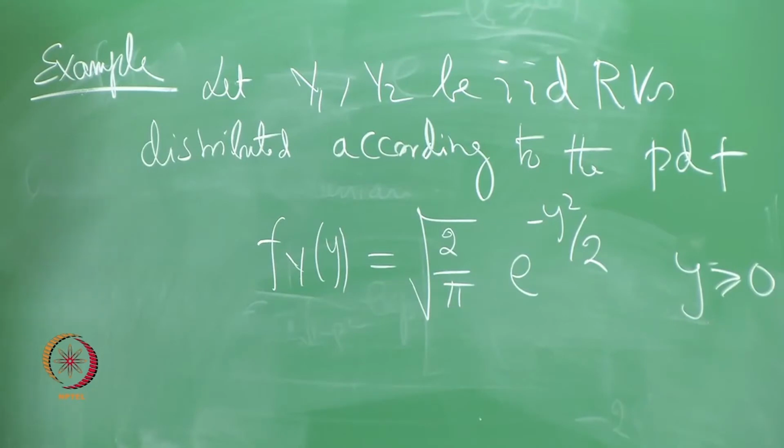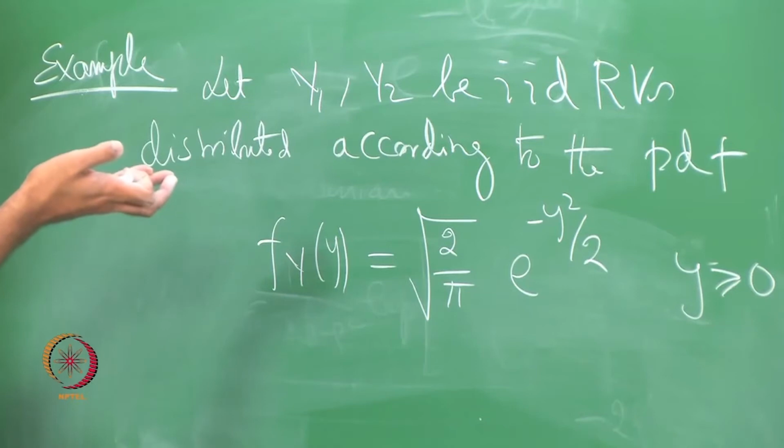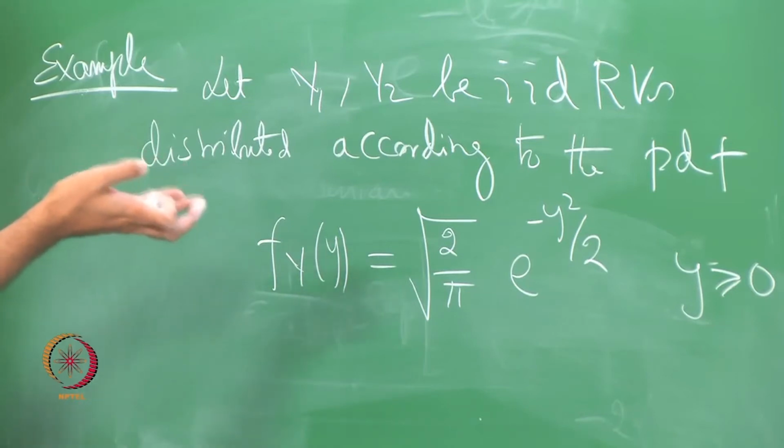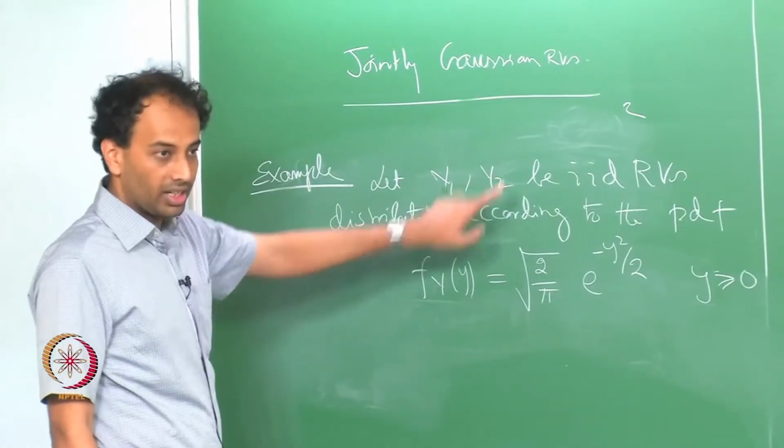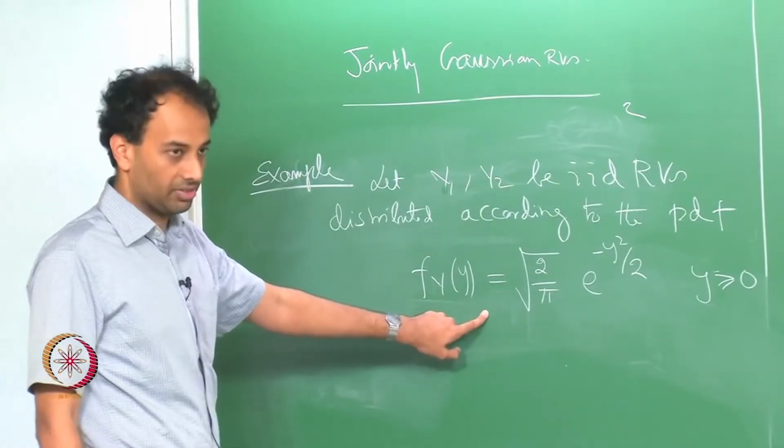Okay. So, this is a PDF; you can integrate this and see that it is a PDF, and y1 and y2 are independent and identically distributed according to this PDF.